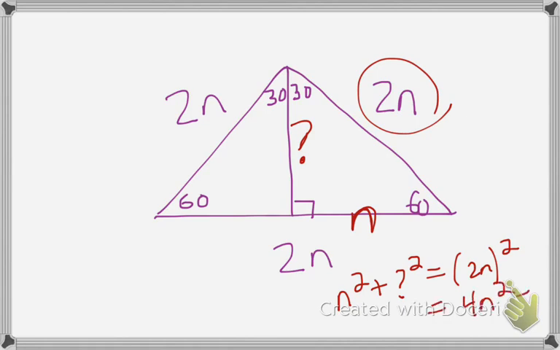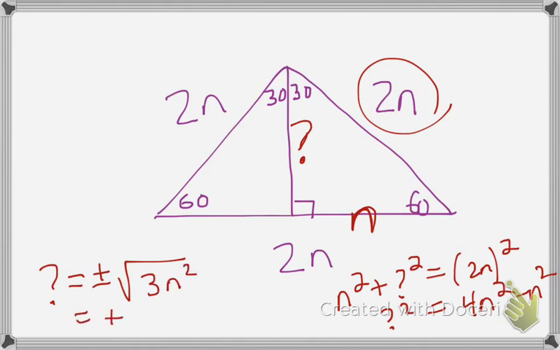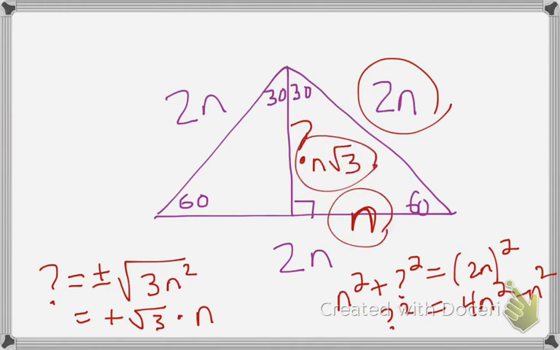Subtract n squared from both sides: question mark squared equals 3n squared. So question mark equals plus or minus the square root of 3n squared. It's a length, so we don't want the negative one. So we get a positive root 3 times the square root of n squared, which is n. So n times root 3. That's where that 30, 60, 90 pattern comes from, an equilateral triangle.